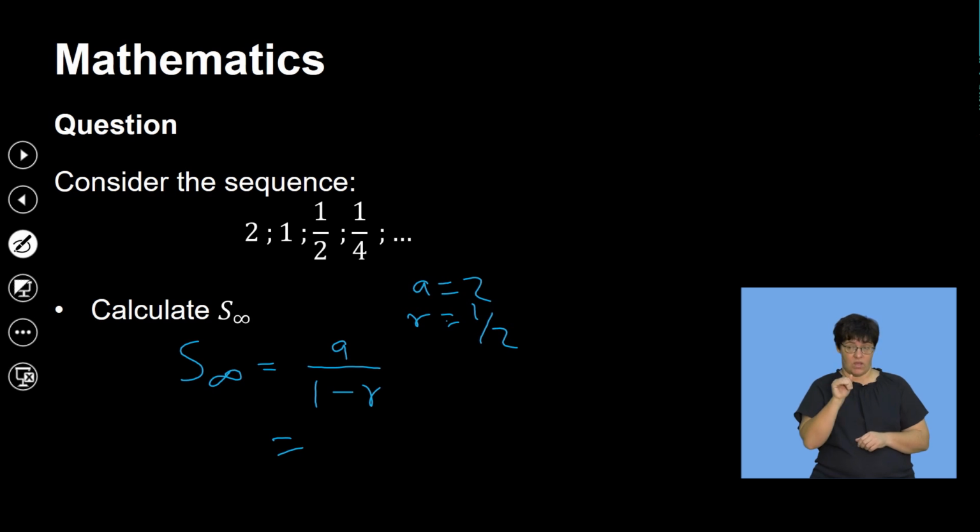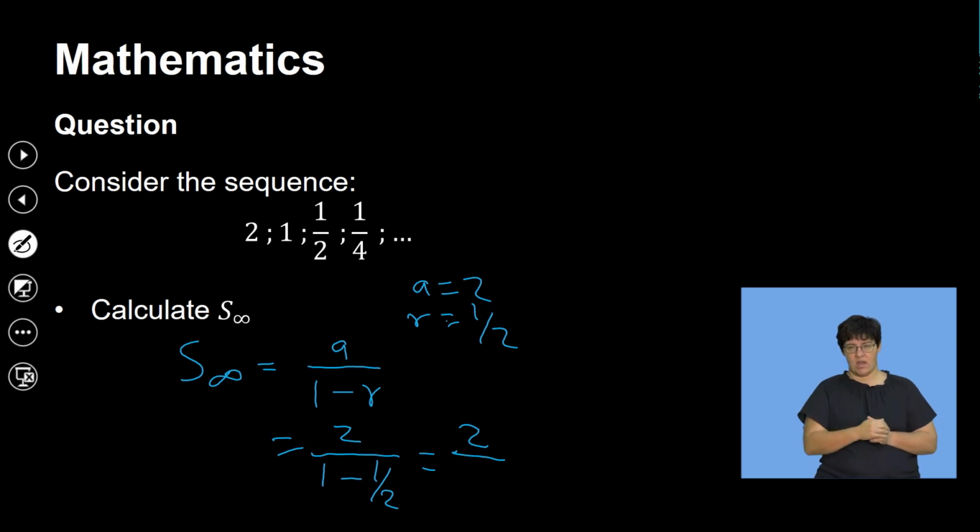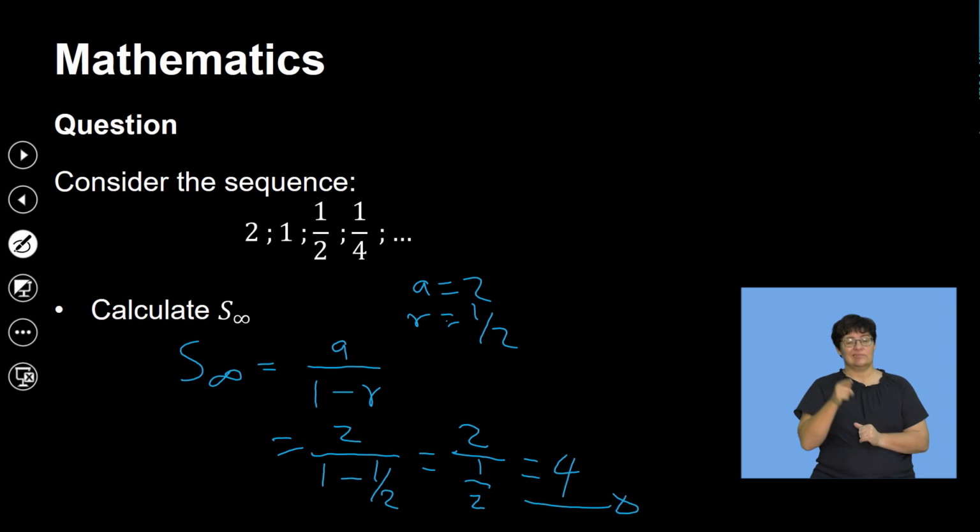Firstly substitute, then go to your calculator: 2 over 1 minus 1/2. But really here, I don't think you even need your calculator, but let me do it with mental maths, right? So 1 minus 1/2 is 1/2. So how many halves are in 2? You know that there are going to be 4 of them. So that will be my answer. So you can see that it is approaching a specific value, and that's how you will solve that.